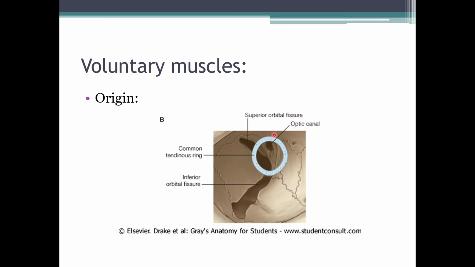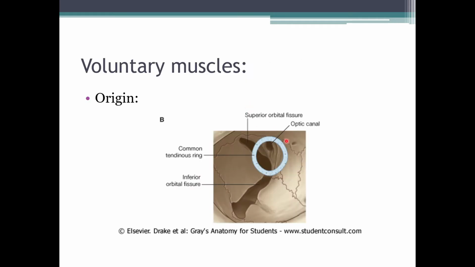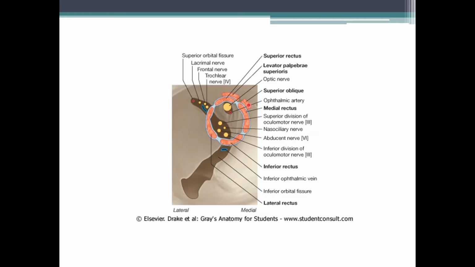From the lesser wing of the sphenoid there is the origin of which muscle? The levator palpebrae superioris. The superior oblique muscle arises from the body of the sphenoid. You can see this is the origin of the superior oblique muscle. The superior oblique muscle lies just superomedial to the optic nerve. See, this is superomedial to the optic nerve.